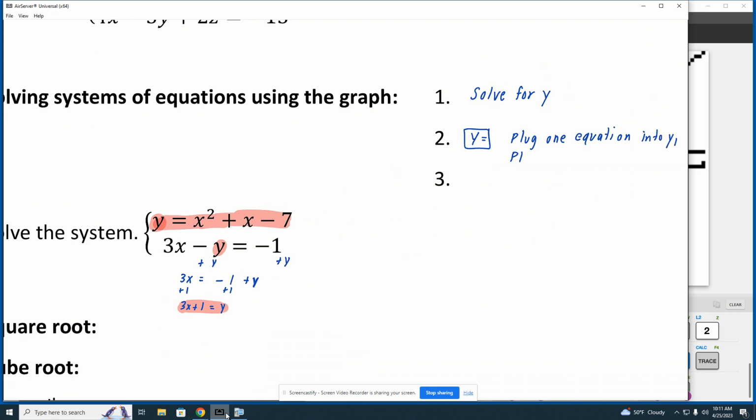I'm going to plug the other equation into y2. I'm still going to do second trace, intersect. Isn't this just like what I just did, y'all?